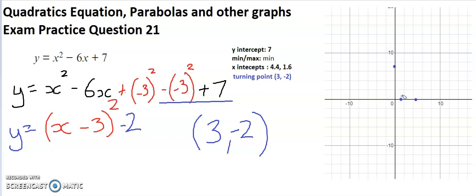Then my turning point is when x is 3 and y is negative 2. So roughly I am able to use all of my data now to draw my quadratic. My quadratic has a turning point, and it should be going through these two x-intercepts.